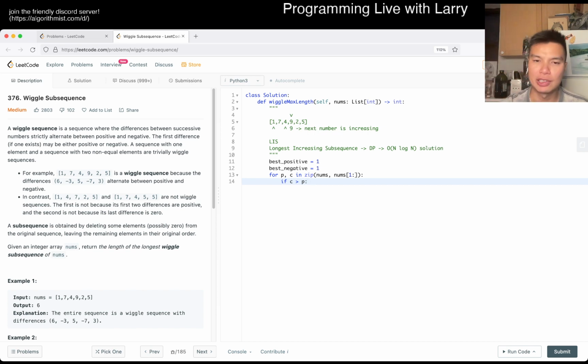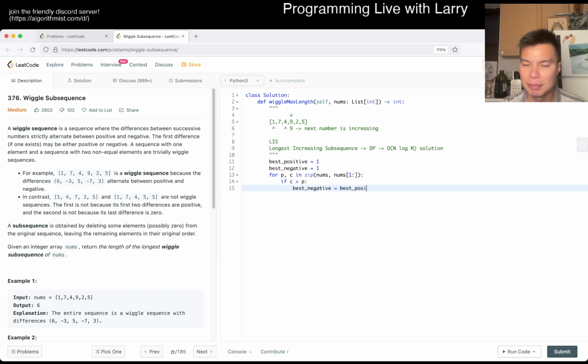That means that we want to increase the best negative. So best negative is equal to the previous best positive plus 1, and then the best positive we just kind of ignore, right? We just keep on going.